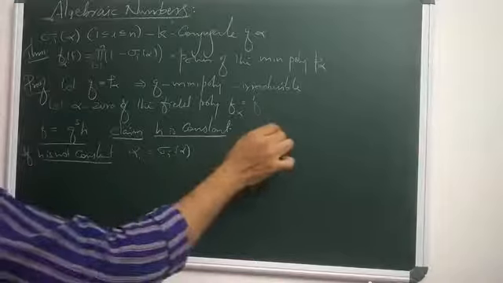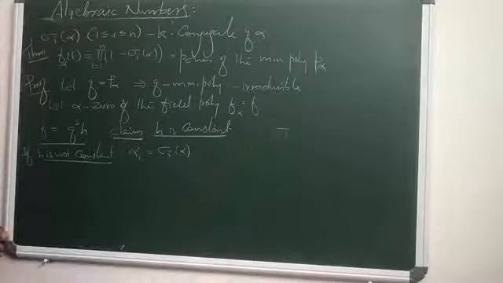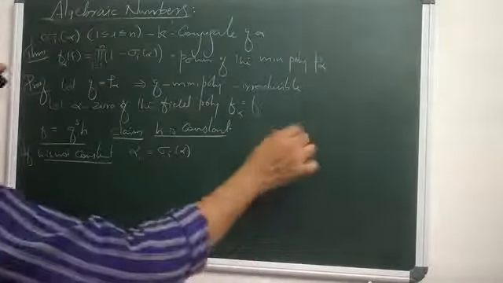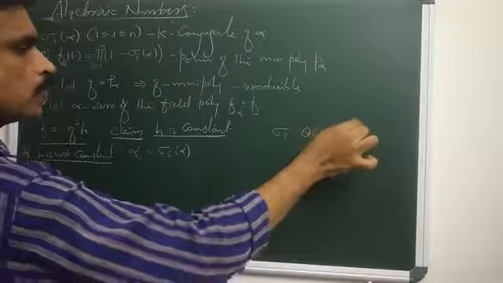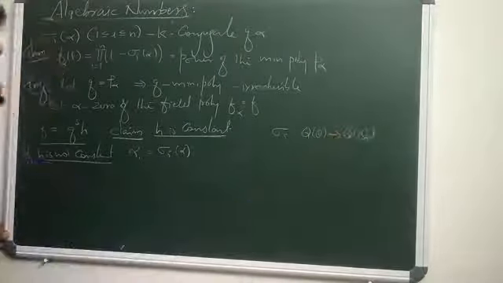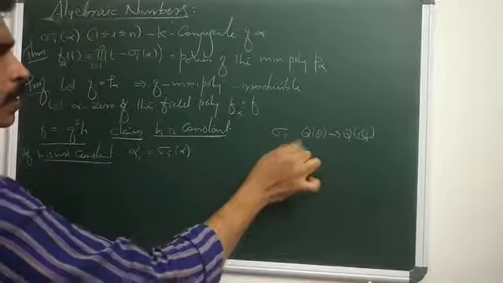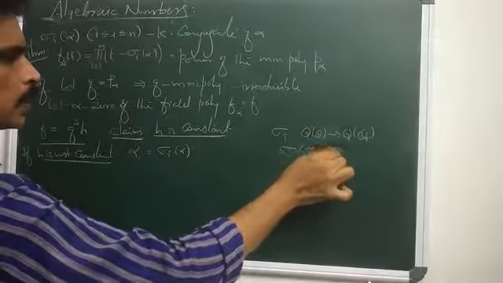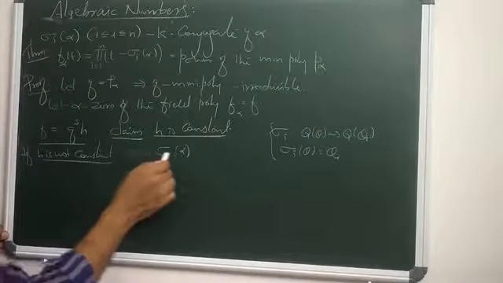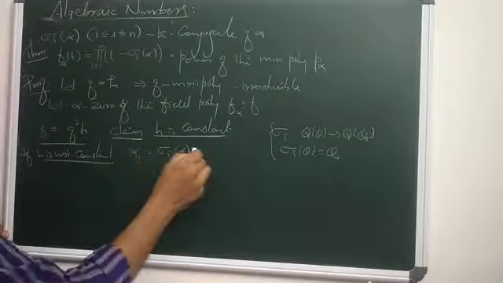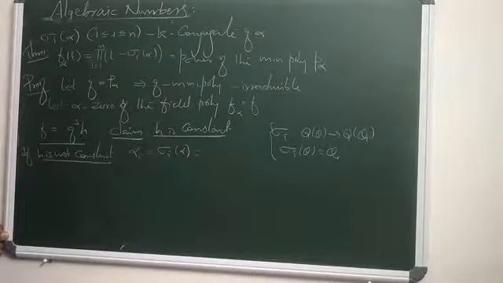Because we know the field isomorphism sigma i from Q(theta) to Q(theta i) is such that sigma i of theta equals theta i. So what is sigma i of alpha? It is alpha i.